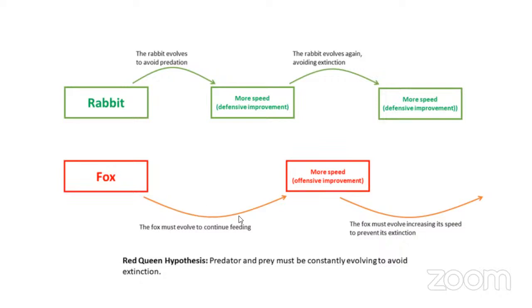But instead, what we see a lot more often is that we then have an adaptation to basically beat that defensive improvement. So in this case, the fox gets faster itself, so now it can catch the rabbit again. So we have this sort of cycle back and forth between predator and prey, creating changes overall in each organism.